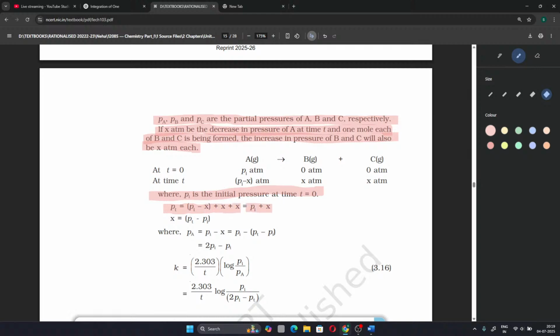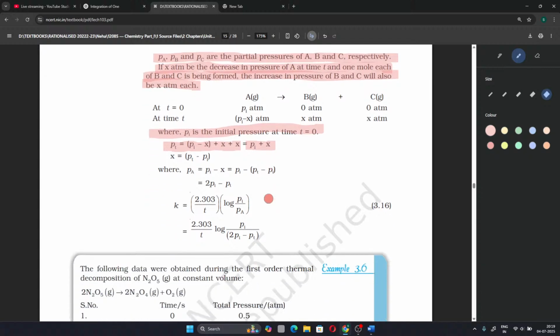Then the total pressure is Pi plus x, and the total decrease in pressure is P total minus P initial, where Pa equals Pi minus x, which is Pi minus Pt minus Pi, so the partial pressure of A will be 2Pi minus Pt.